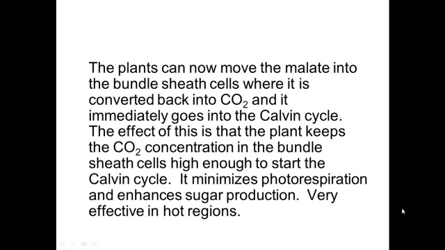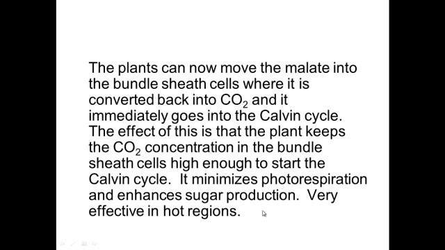When it gets to the bundle sheath cell, it's converted back into carbon dioxide, but immediately goes into the Calvin cycle, creating glucose. So it does this in 2 different cells, which is different from normal photosynthesis, where it just occurs in 1 cell. And it's extremely productive in places where it's very hot, but not a desert.